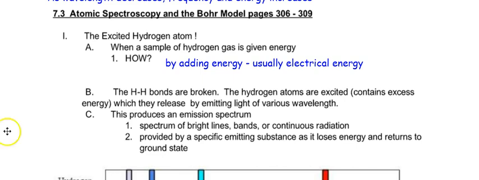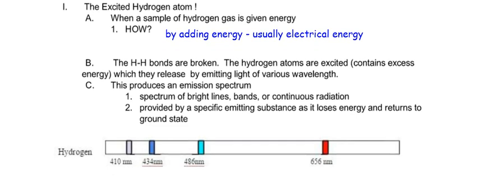There were some bright lines if we pause long enough to look at it, the bright lines, the bands. And they are provided by specific emitting substances as they lose energy and return back to ground state. So this is hydrogen.